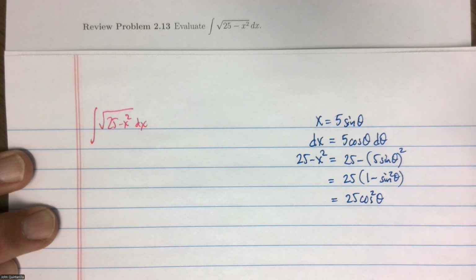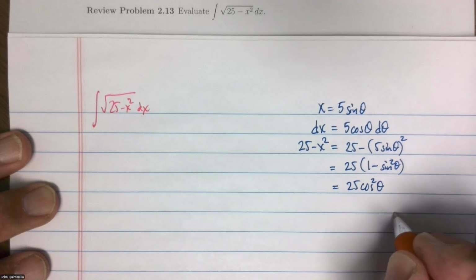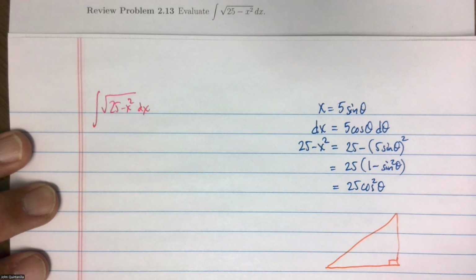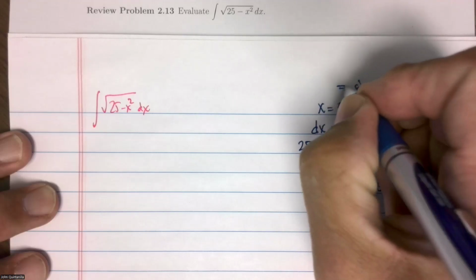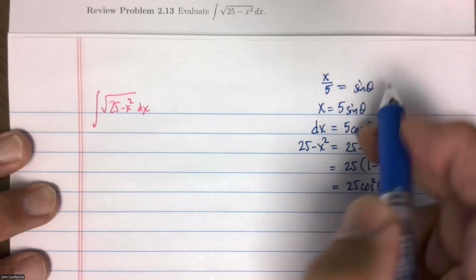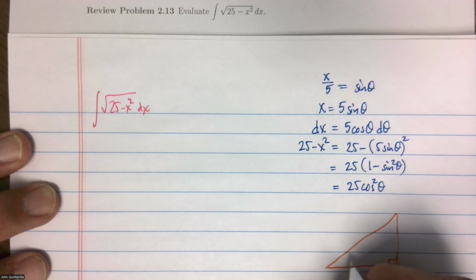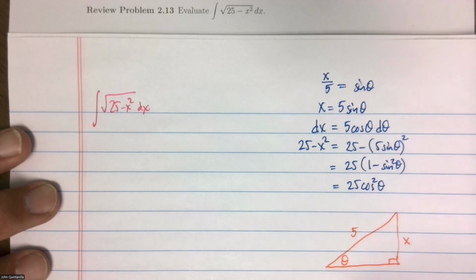Let me draw the picture to reflect the substitution. So we have that x is equal to 5 times the sine of theta. So sine of theta is equal to x over 5. And so sine of theta is opposite over hypotenuse. So if that's theta, then opposite over hypotenuse.